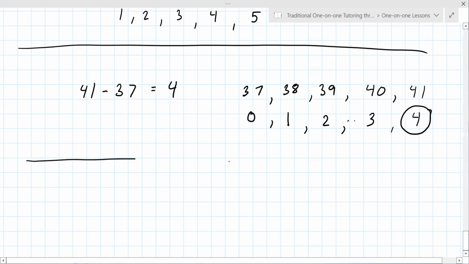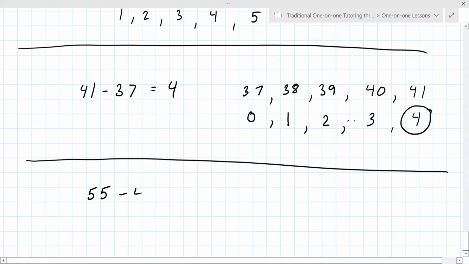Let's try another one. 55 minus 49. Try this counting approach again. 49 corresponds to 0.